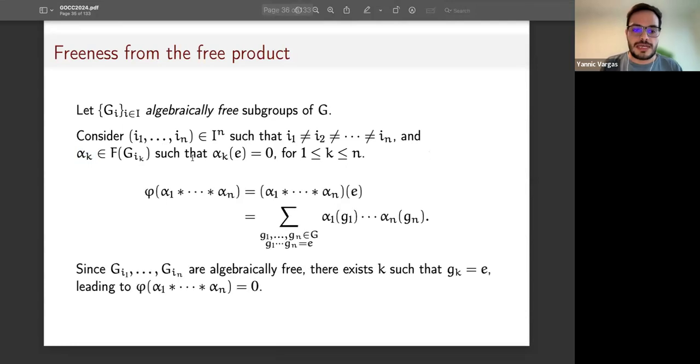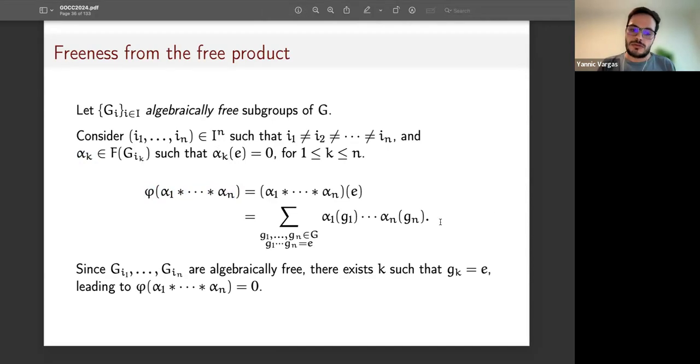And now I'm going to look at phi, being an element in F of J, of the convolution of the product of such elements. By definition, this is the evaluation of this map on the neutral element, and by definition of the convolution, it is this sum.